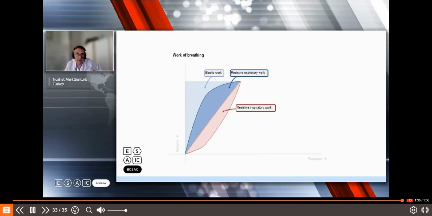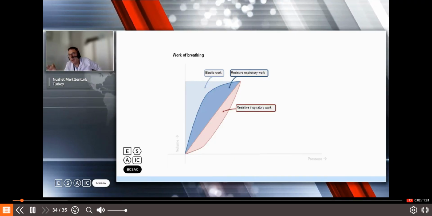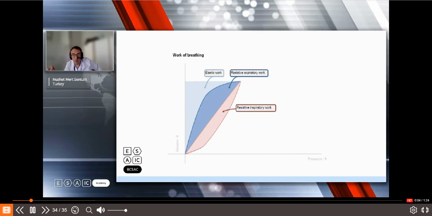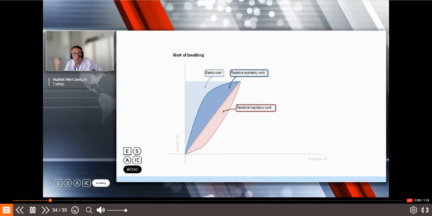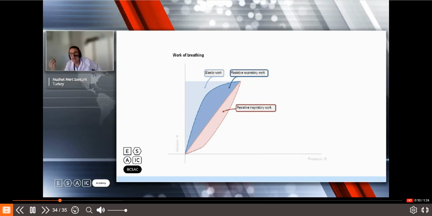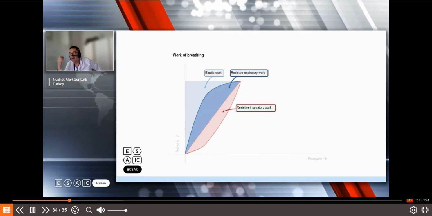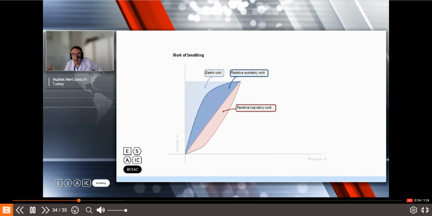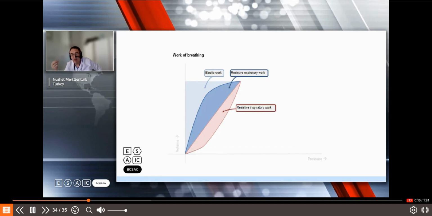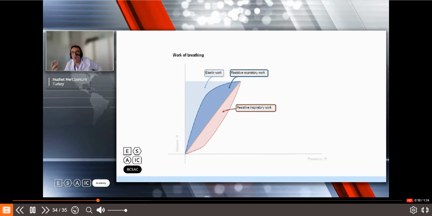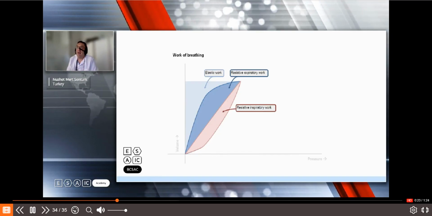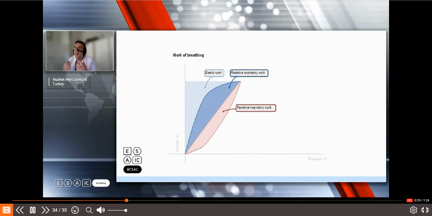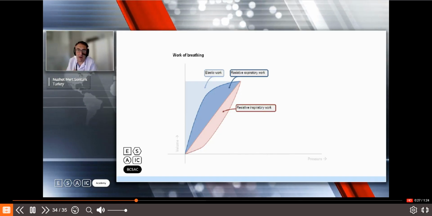resistance in the airways. So the combination of the resistance and the compliance would give me the term work of breathing. Again, something physical. The work of breathing is the energy that I would require to create a spontaneous breath, to bring air into my alveoli.